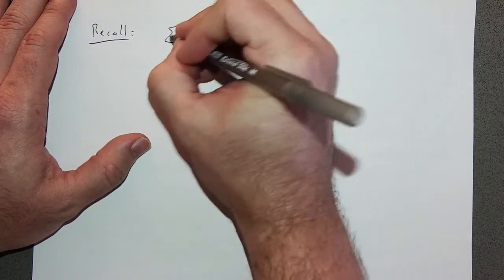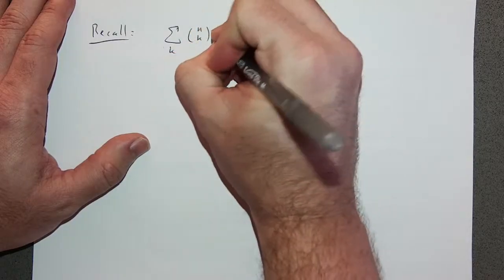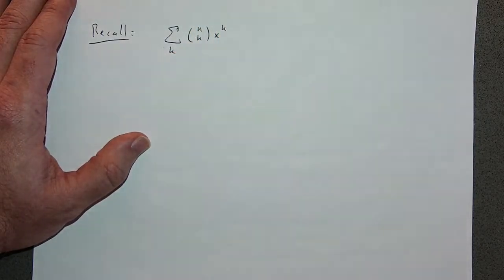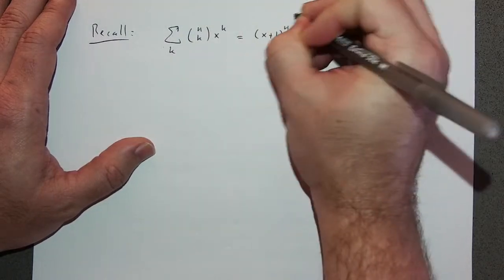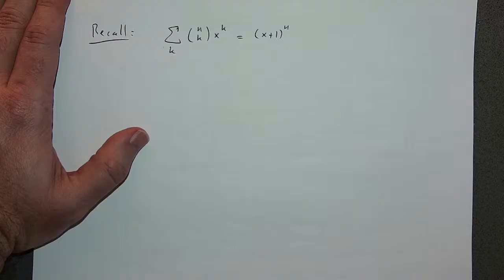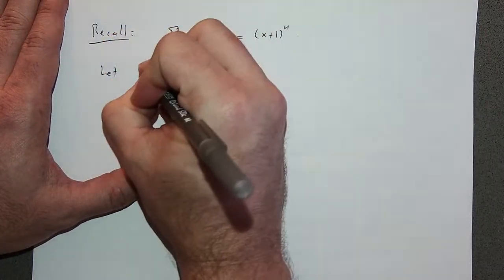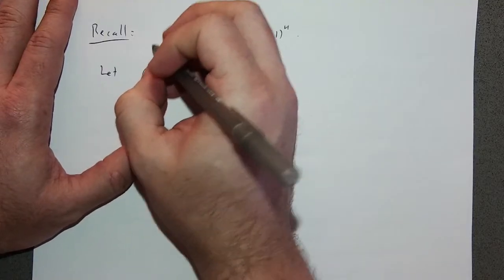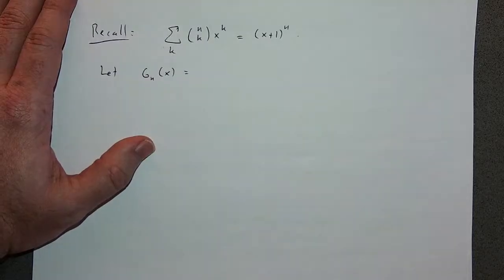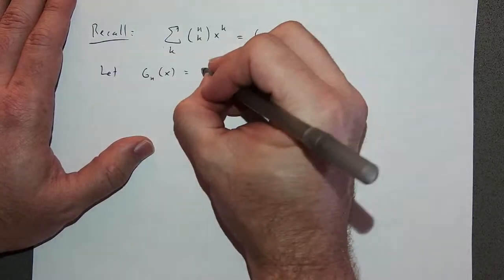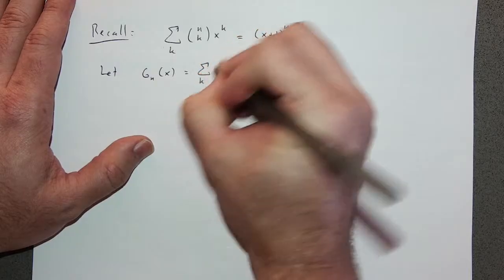If I'm looking at that generating function of the binomial coefficients, this is, of course, just x plus 1 to the n. Let my generating function be g sub n of x. So I'm fixing n, and I'm letting this be the generating function for these Stirling cycle numbers.